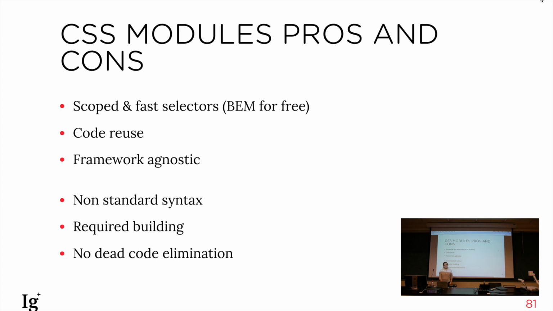So with CSS modules, we can get scoped and fast selectors, and this is kind of BEM for free. And it makes us reuse code because we can link the same CSS to different components. And CSS modules are framework agnostic, so they can be used with React or Angular or whatever.